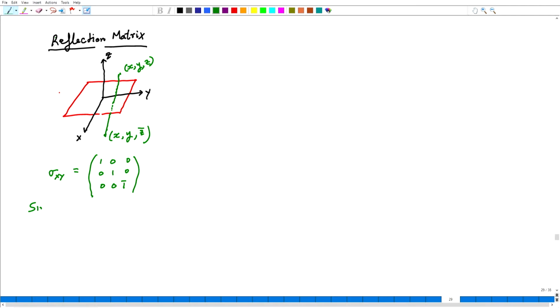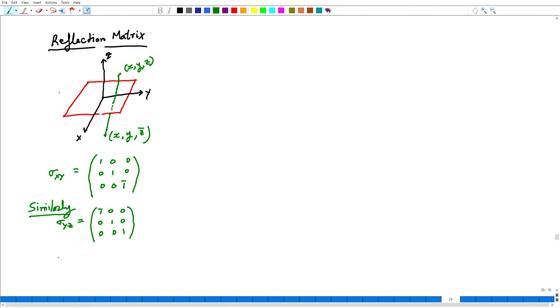Similarly, if the mirror was in the yz plane, which means the x axis is normal, sigma yz would be, the first row would be now minus 1, 0, 0, 0, 1, 0, 0, 0, 1.